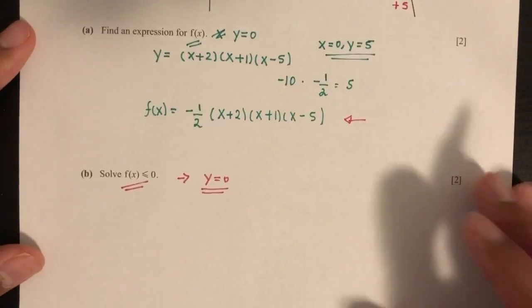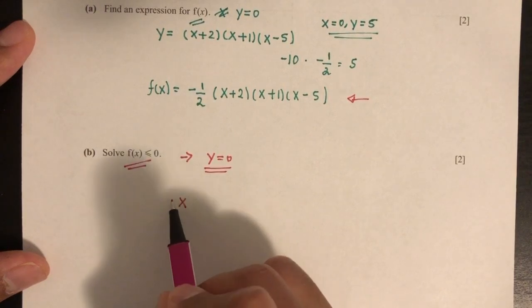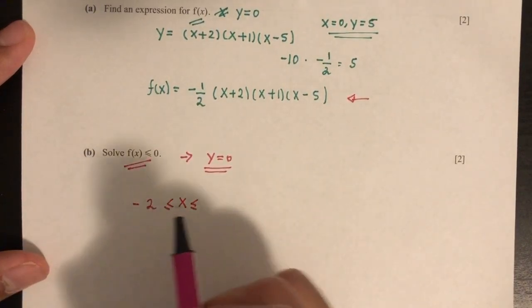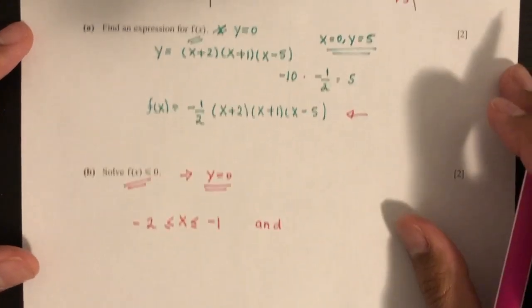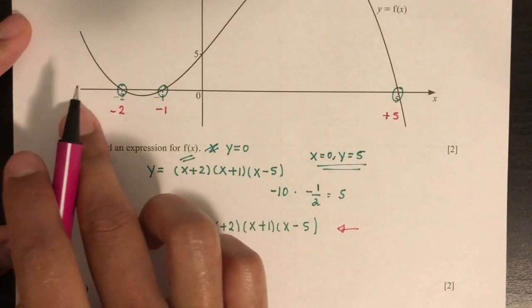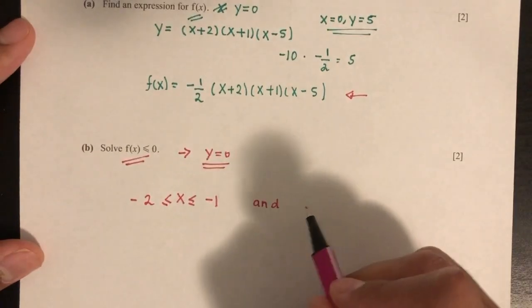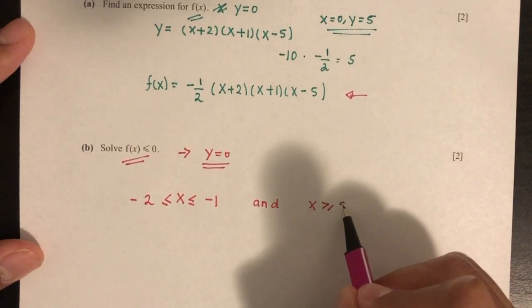So you will write f of x is below when x is between minus 2 and minus 1. Where else? Let's see if we have anywhere which is below. It is this one. That will be x more than or equal to 5.